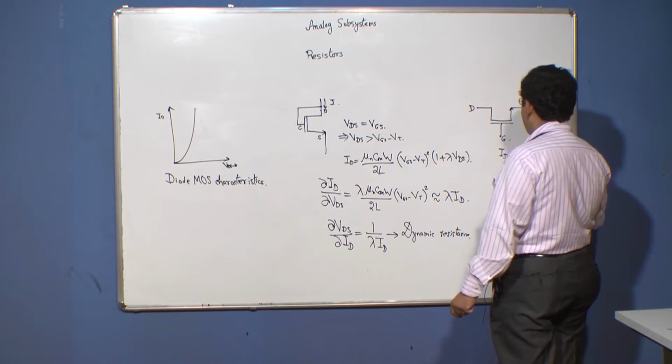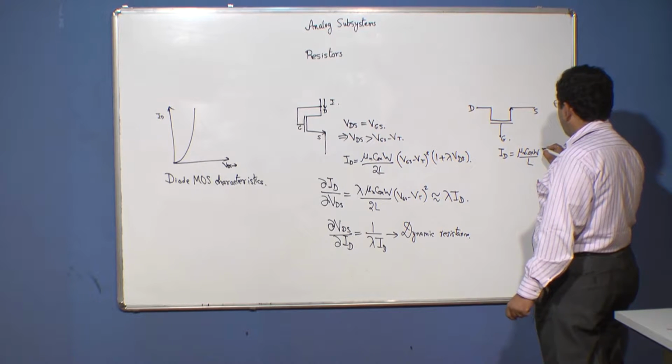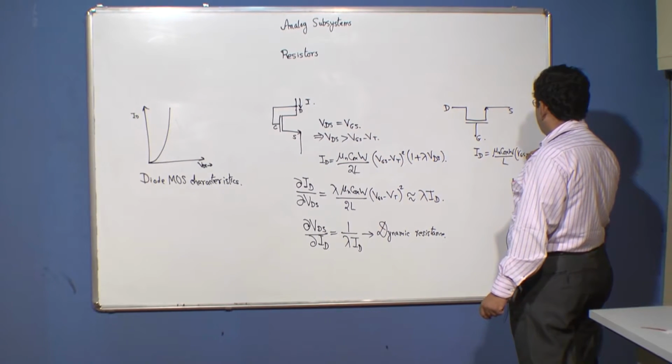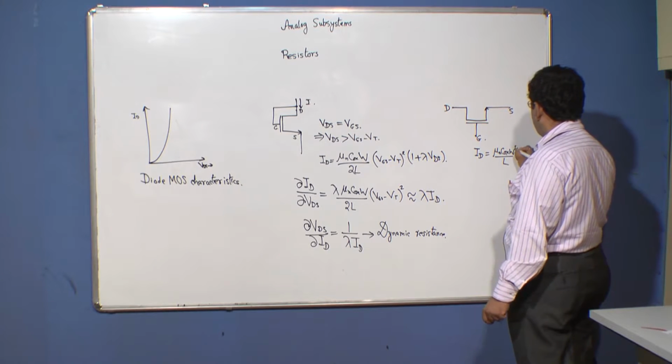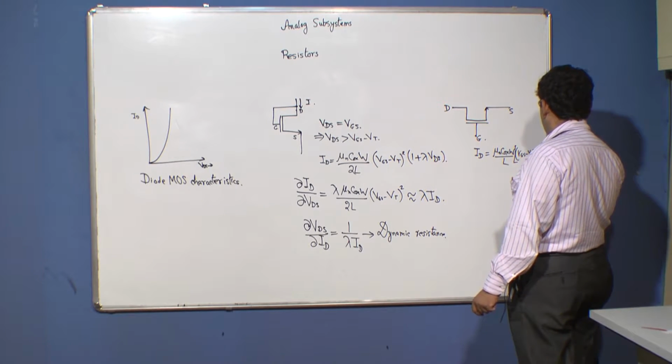If this transistor is operating in the active region, you can write ID equal to mu n COX W by L into (VGS minus VT) into VDS minus VDS square by 2.